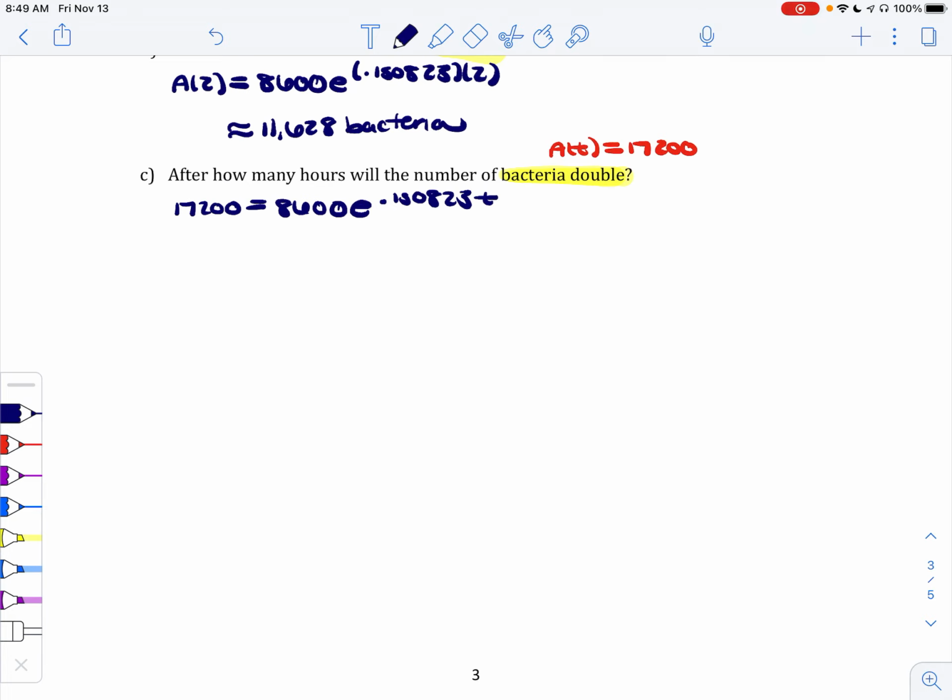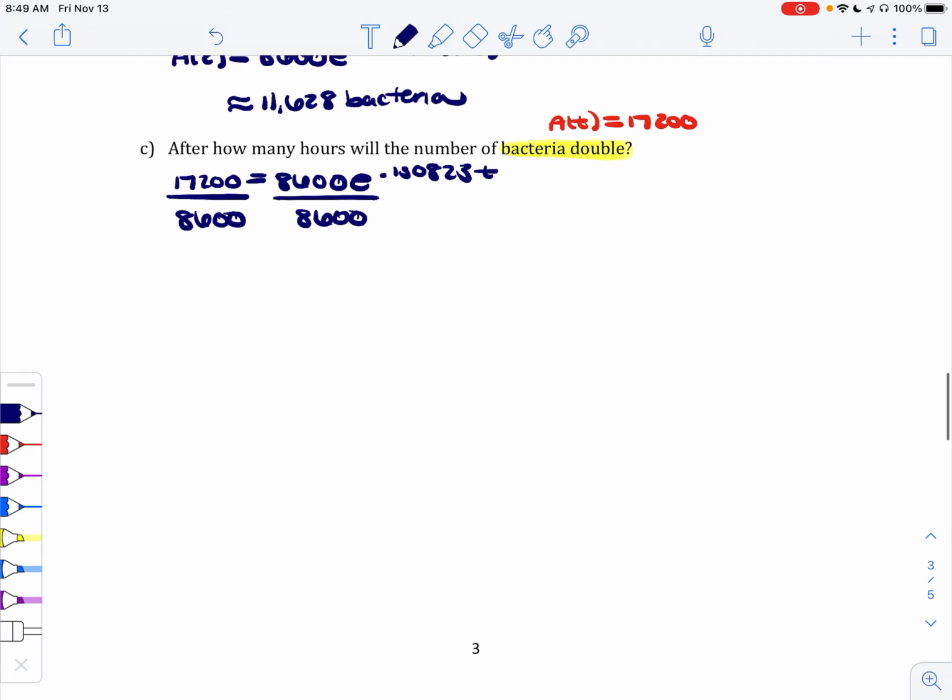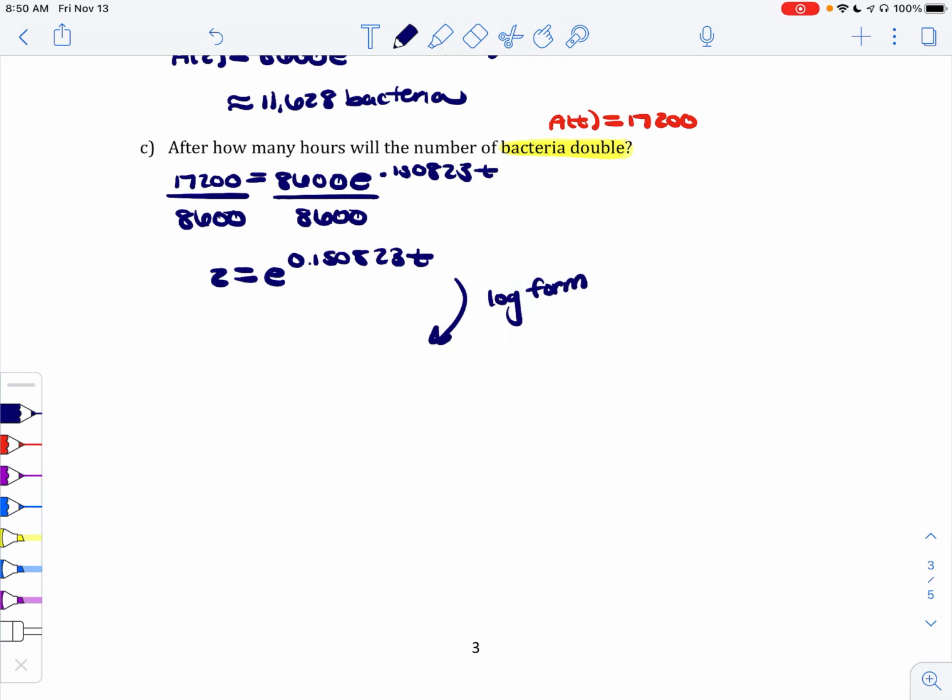Once again, we're solving an exponential equation. So we're going to isolate our exponential term by dividing by the 8,600 on both sides. 17,200 divided by 8,600 is just 2 because it was doubling. And then once you isolate your exponential, rewrite your equation in log form.